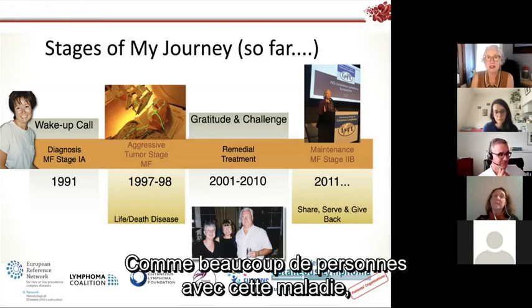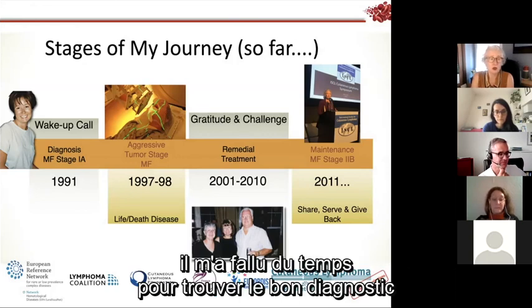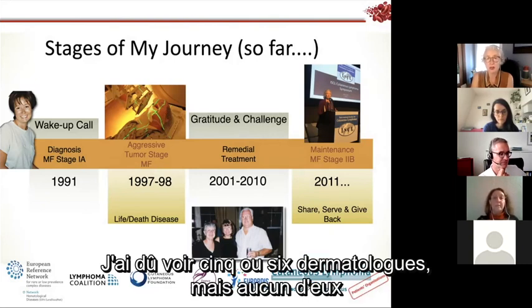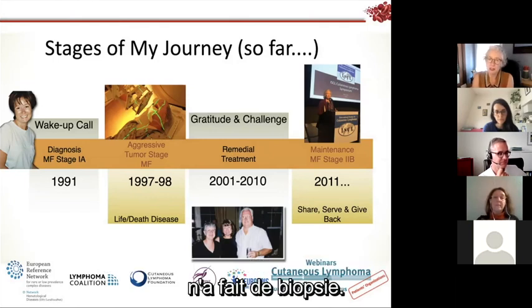And similarly to so many people with this disease, it took quite a while for me to get the right diagnosis and to get to the right expert in the field. I probably visited with 5 or 6 different dermatologists, and none, interestingly, ever did a biopsy.